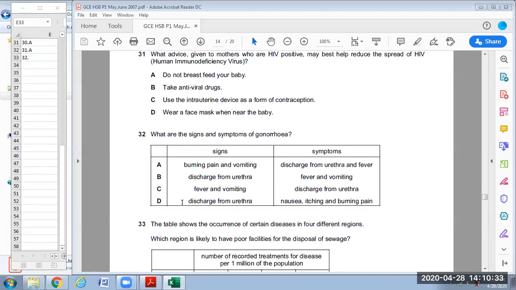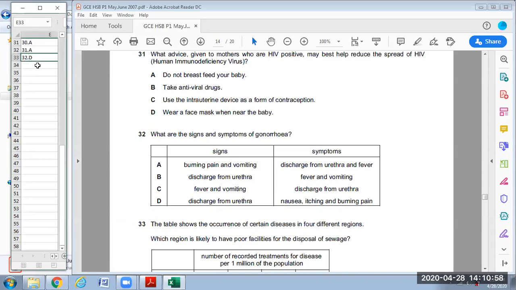Discharge from the urethra. C. Nausea, fever and vomiting. Not really. You get a pus discharge. Also, you get itching and burning when urinating. So D is the best answer there.